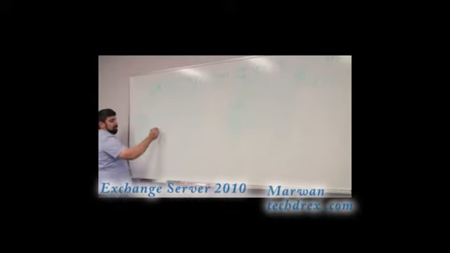This is how it's going to look like. You're going to have DB1, DB2, DB3, and you select DB1, you will see active on mailbox 1, passive on mailbox 2, and maybe there's nothing on mailbox 3. So what you can do, you can right click and say create a copy, and you select mailbox 3.